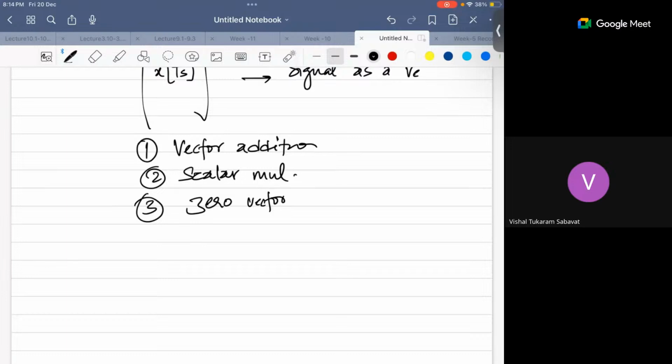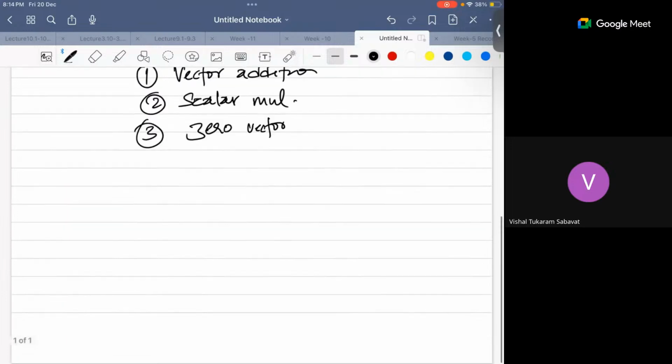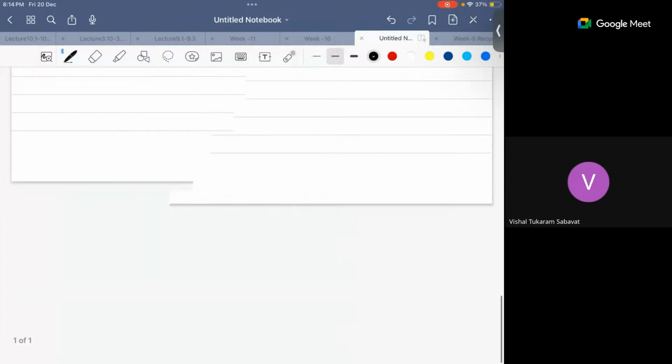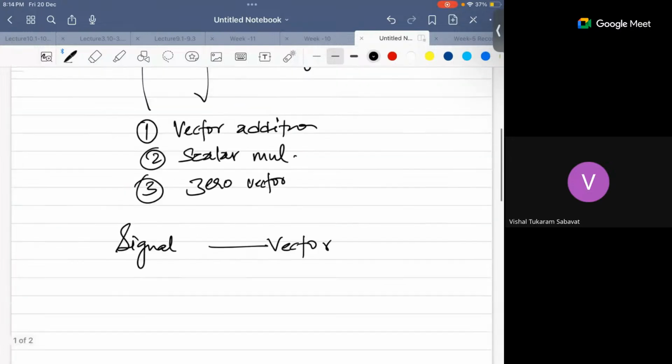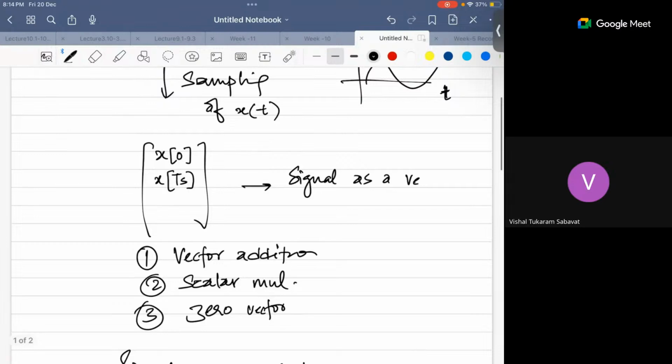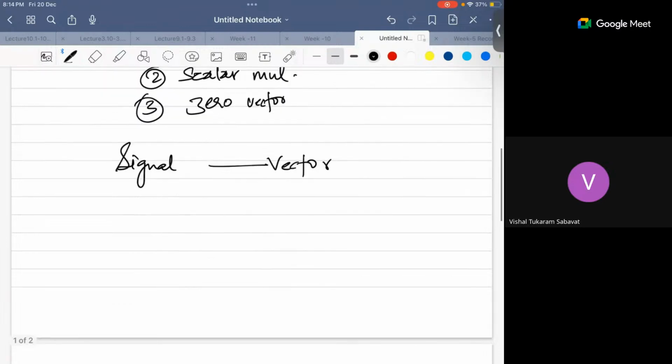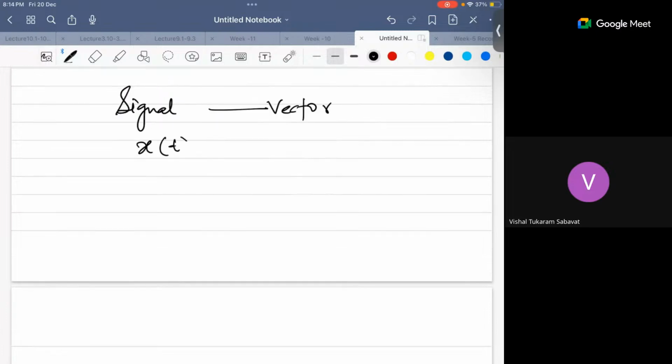Whenever we directly use the signal itself as a vector, that will also satisfy all three conditions. Here, in the first case, you are just doing the sampling and converting the signal into a vector. Here you are directly using the signal itself as a vector. Let's say x(t) is one signal; this will also satisfy all the conditions.